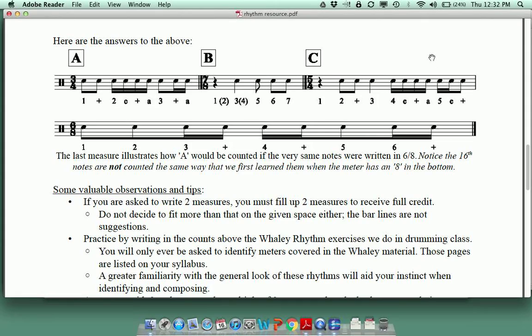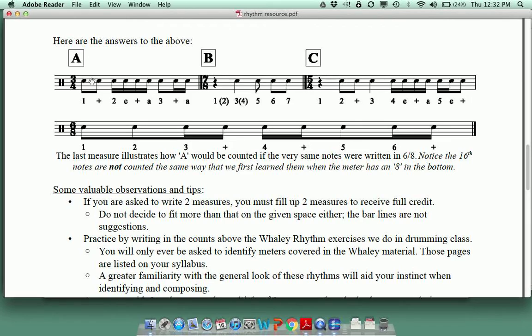And this is a crucial one because we're starting to do compound meters with 16ths. Compound meter meaning 6/8, 9/8, 12/8, as well as some of the odd meters, right? 7/8. And remember that the eighth note now receives the beat because the 8 is in the bottom.